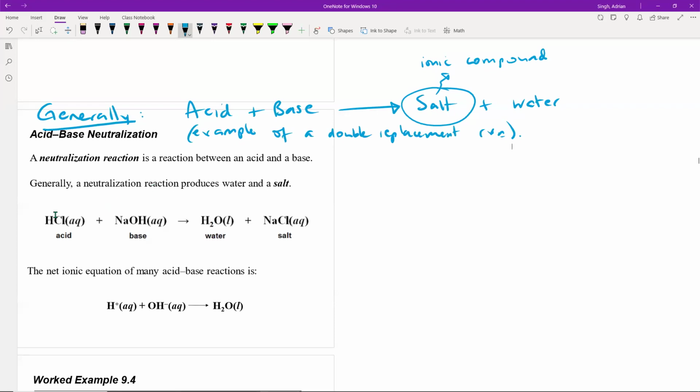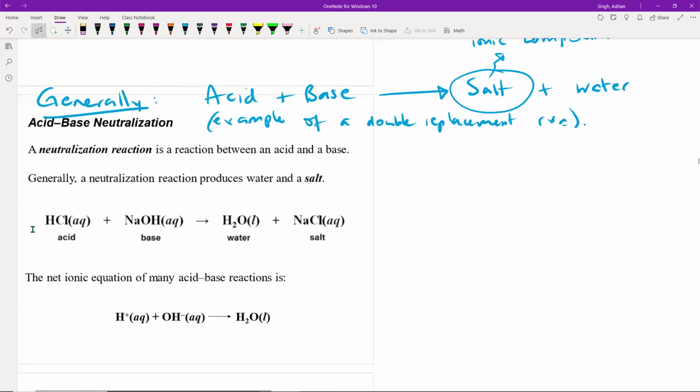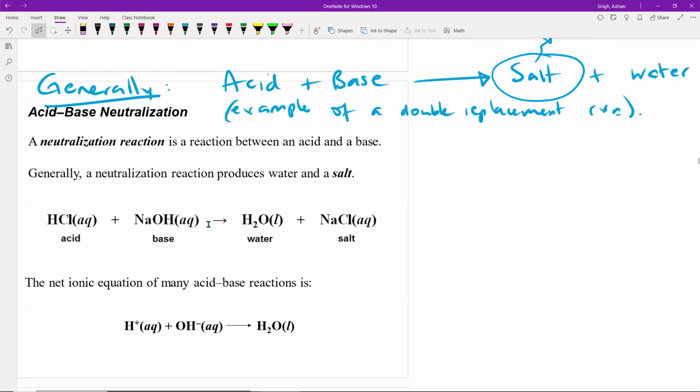Okay, so a very simple situation. We have hydrochloric acid, which is an acid, reacting with the base, sodium hydroxide, to make water and our salt. Again, we apply the same thing we learned before. This is our molecular equation. I can now write my complete, or total, ionic equation.